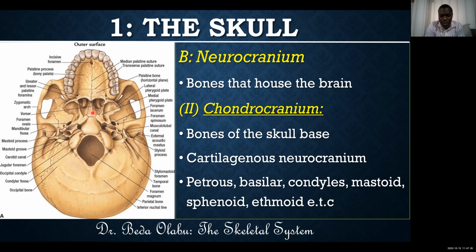It's a bone of its own, but it has many parts. Like this is the sphenoid bone. So these plates you're seeing there are actually part of the sphenoid bone, but largely a big part of the sphenoid bone is in the skull base.